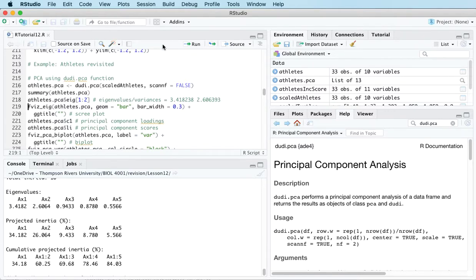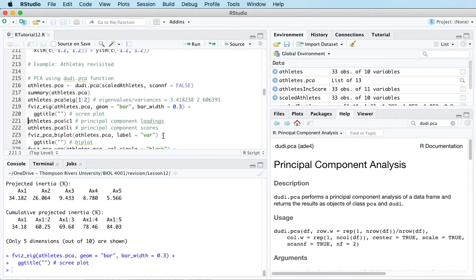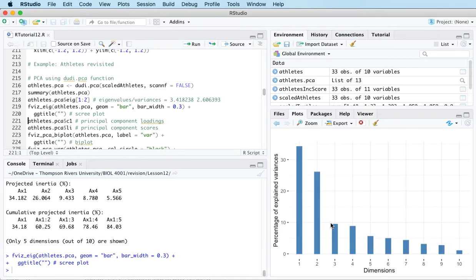Let's take a look at a Scree plot. This shows graphically the values that we just went through. The percentage of explained variance is on the vertical axis and the dimensions on the horizontal axis. The first dimension is explaining 34%, the second dimension is 26%, and then there's a big drop down to the next one, which is only 9.4%.